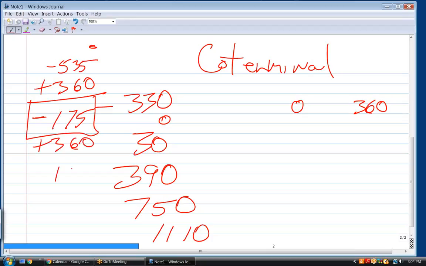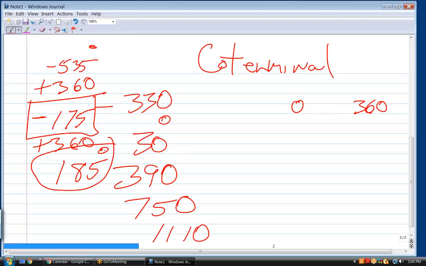And I get 190. No, that's not what I get. Oh, I'm going to get it real quick. 360 minus 175. 185.